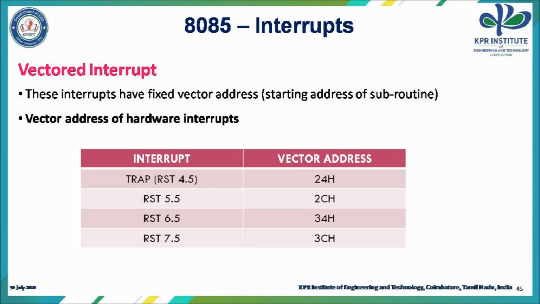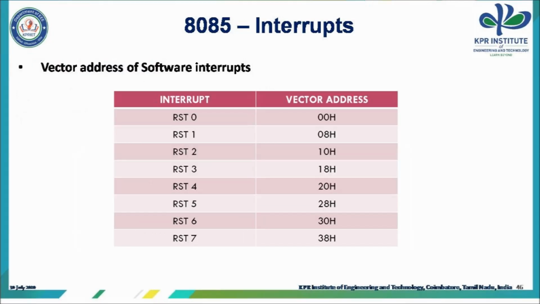They have specific vector addresses, shown here. The vector address of TRAP is 24, RST 5.5 is 2C, RST 6.5 is 34 and RST 7.5 is 3C. Since they have specific vector addresses, they come under vectored interrupts.